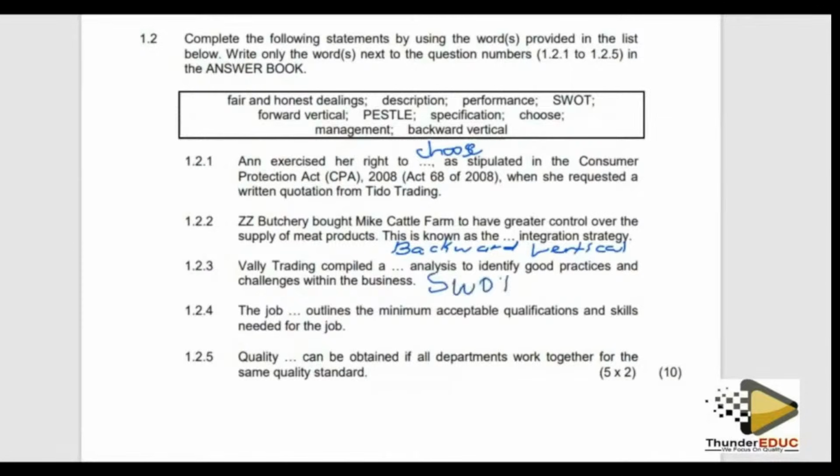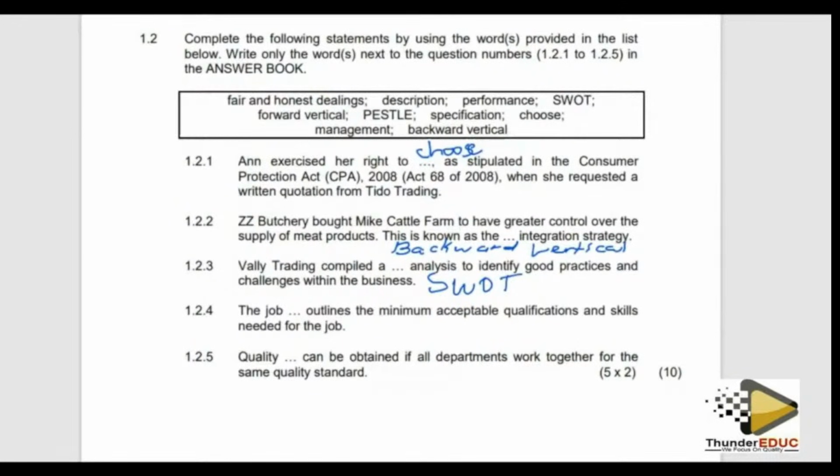Okay, right. So now let's move on to the next question. The next question reads as follows. The job dash outlines the minimum acceptable qualifications and skills needed for the job. So remember we have two types of job analysis.